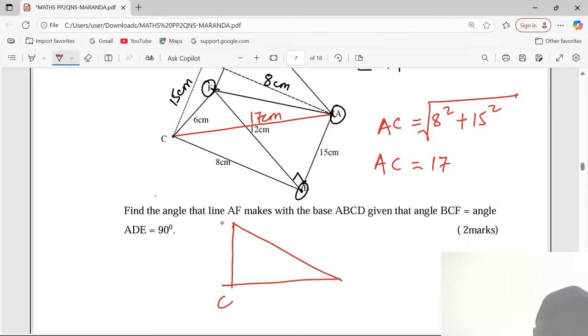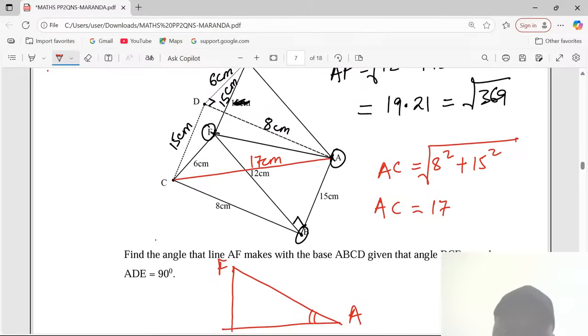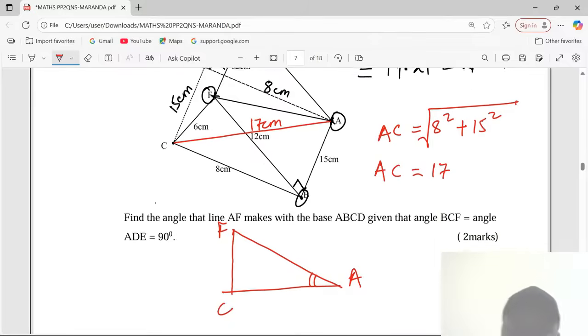C, F, A. So we need now the angle at A. Because for us to get the angle between a line and a plane, we are supposed to get the angle between the line and its own projection on the plane. The projection of AF on the plane ABCD is going to be AC. Therefore, the angle between the line and its own projection is what we want.